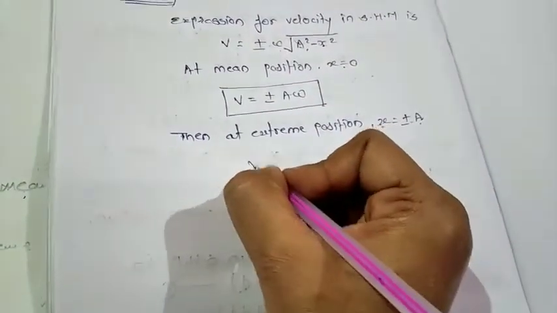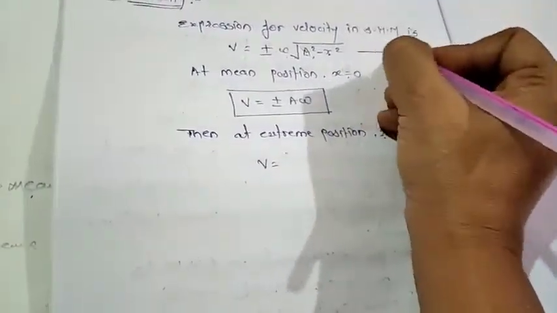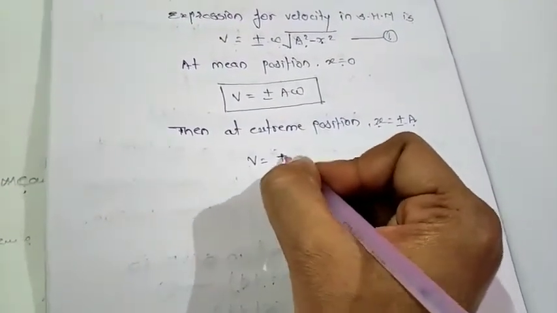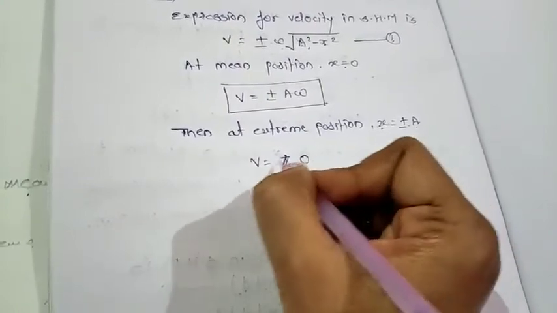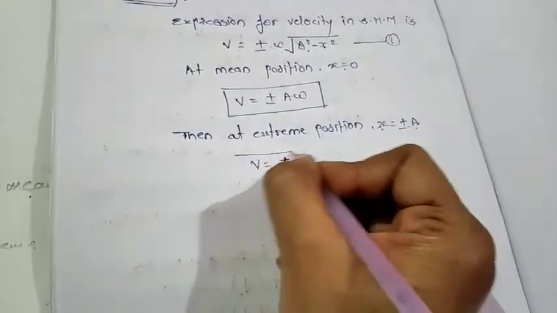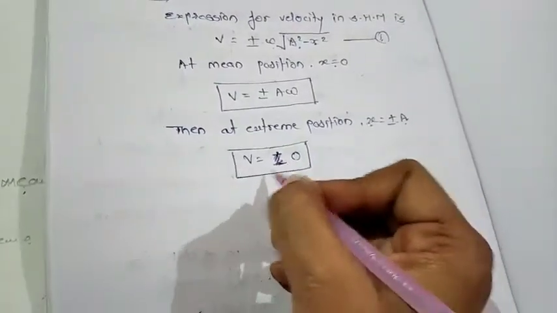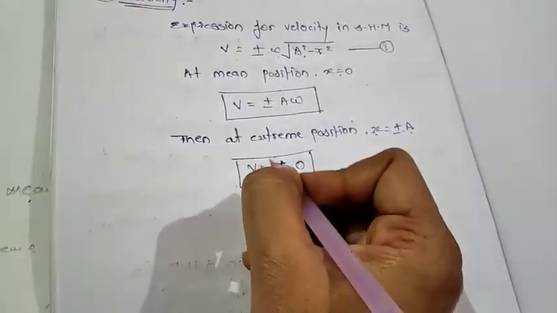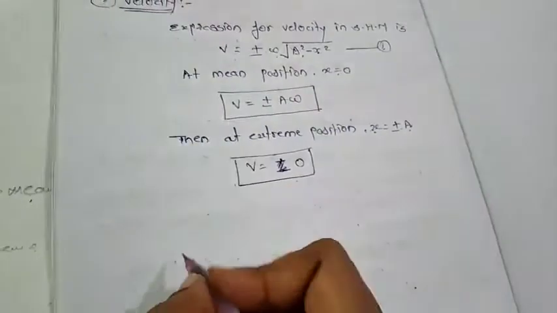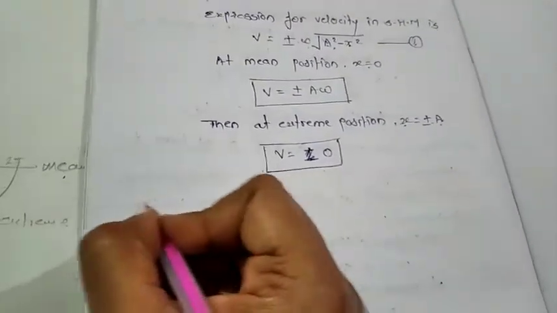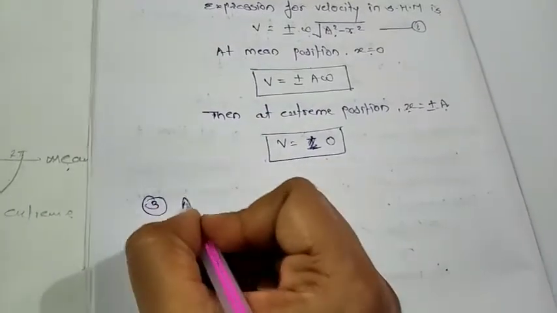That is, we can write v is equal to plus or minus 0. So this is the velocity for extreme position and this is for the mean position. Then next we'll see the acceleration. Number 3, it is the acceleration.